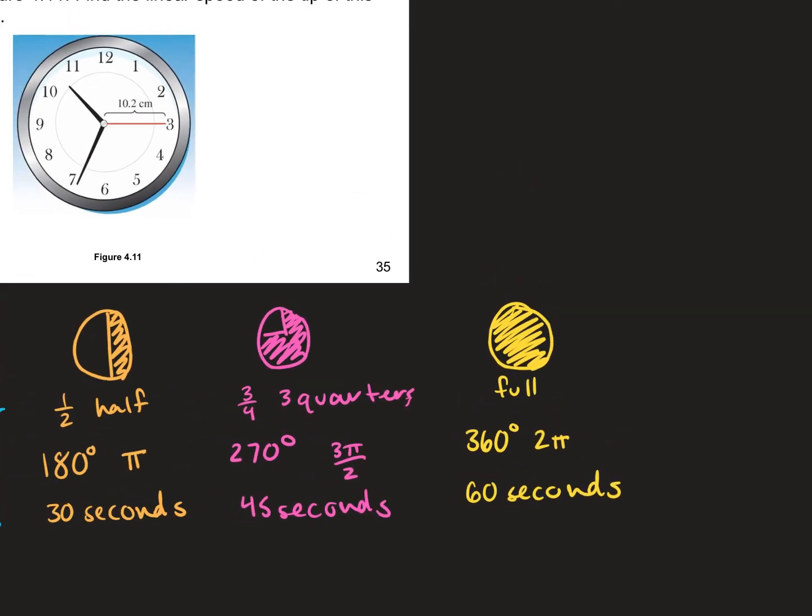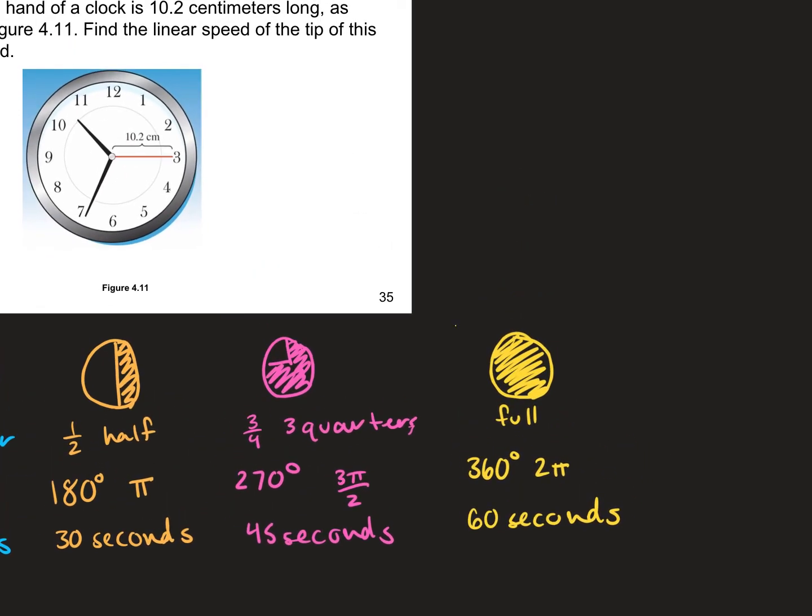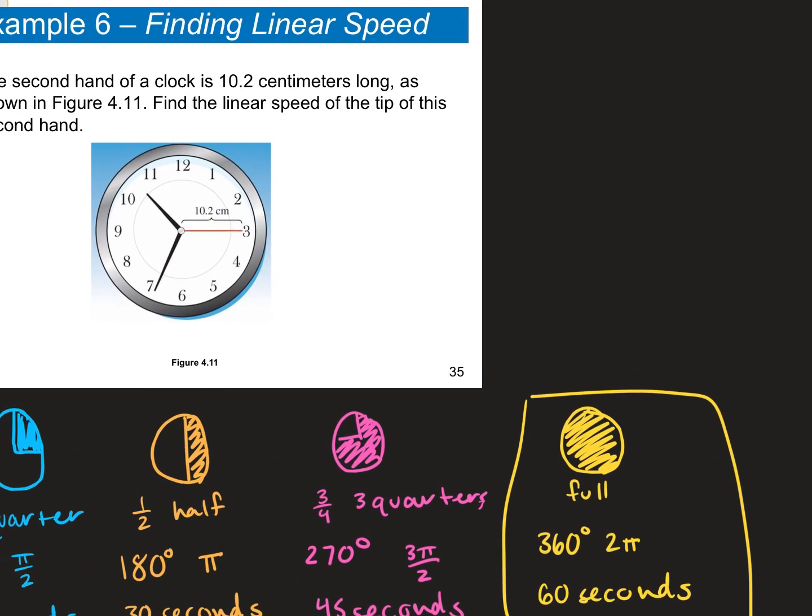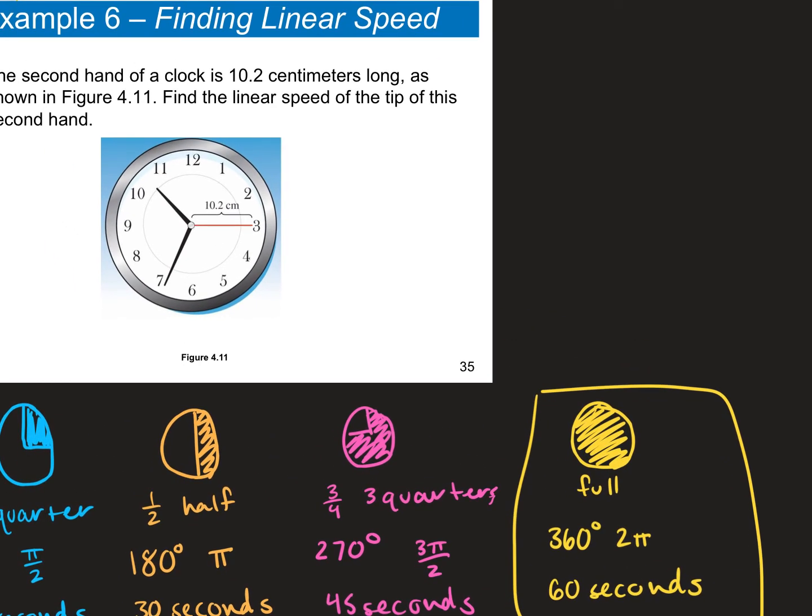For this question, it doesn't say specifically, but we're just going to use the full rotation. To find the linear speed, what's our formula? R times theta divided by t. So it's S over t, but S is R times theta.